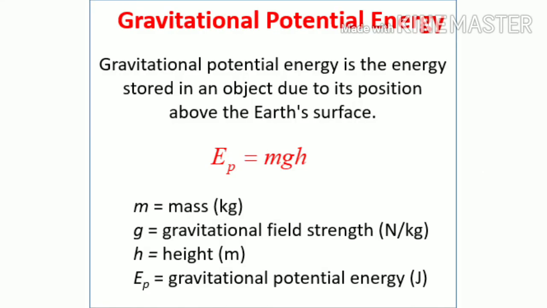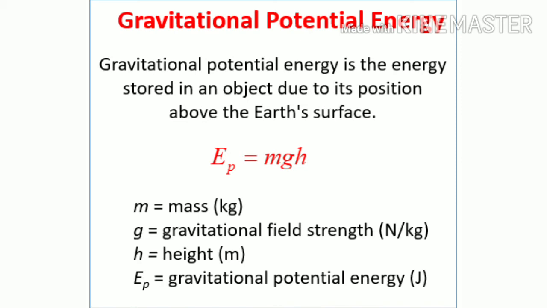Now the second point is gravitational potential energy. The energy stored in a body due to the gravitational force between the body and the earth is called the gravitational potential energy.